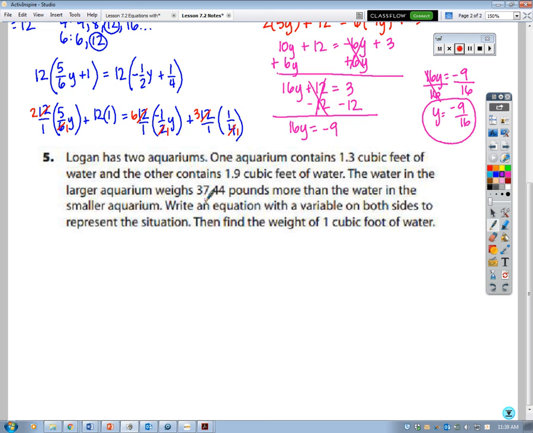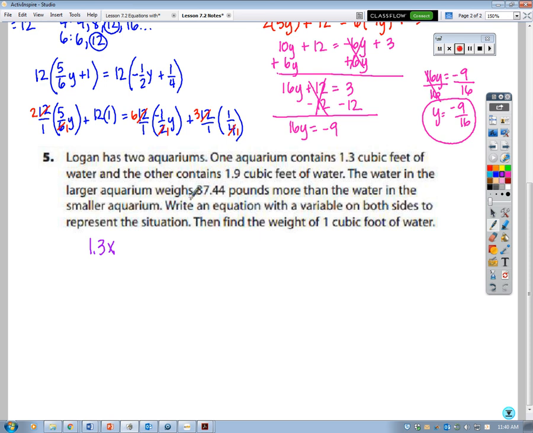So our rate of change is going to be our cubic feet of water, right? That's what we're trying to figure out. So this is going to be the number that has the x attached to it. So we've got one aquarium which has 1.3 cubic feet of water. So 1.3x. It is the smaller aquarium, right? Because 1.3 is smaller than 1.9.